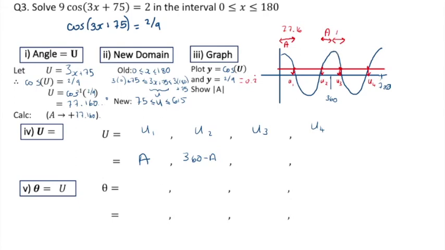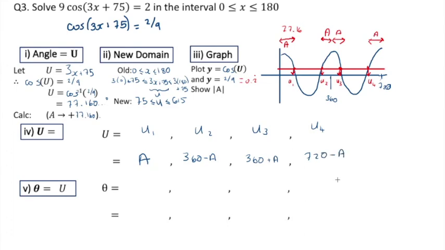So that distance must also be a. So my u3 is going to be 360 plus a. And finally u4, well, that's just 720 minus that a value, which would be there. That would also be a distance a from my peak coming down. So my u4 is going to be 720 minus a.